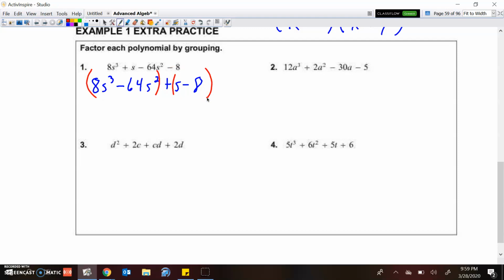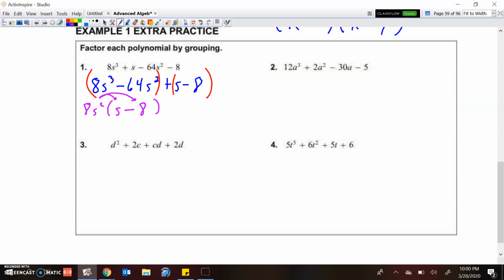In terms of the first binomial, 8s cubed minus 64s squared, I can factor out a GCF of 8s squared. 8s squared times s gives me 8s cubed. 8s squared times 8 gives me 64s squared. So again, if I redistribute that in, I get what it said before, okay?